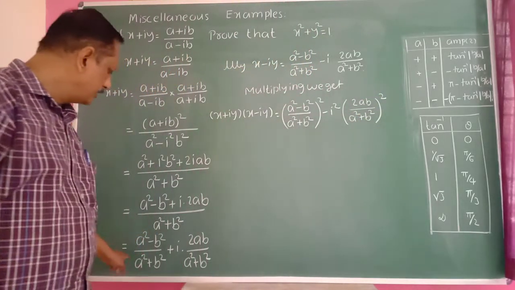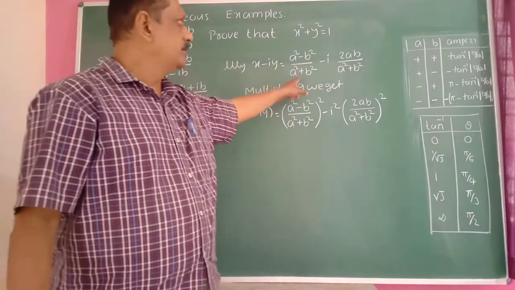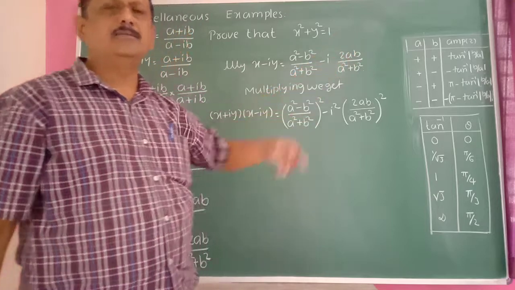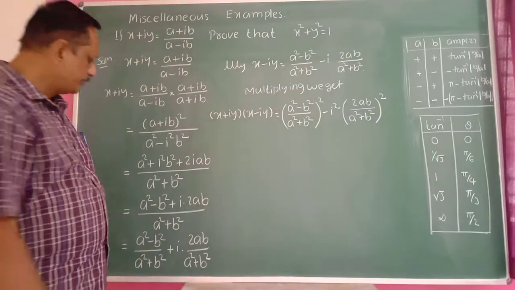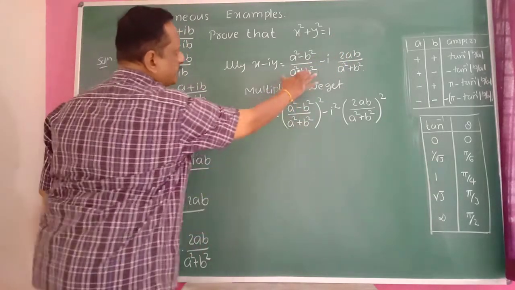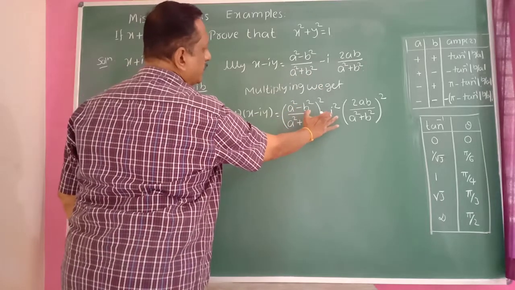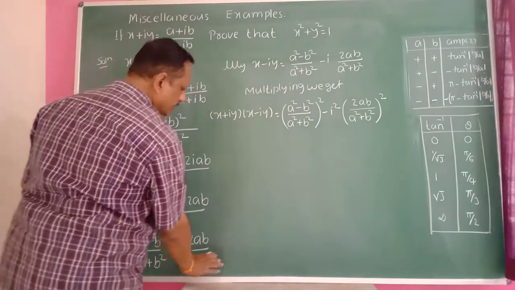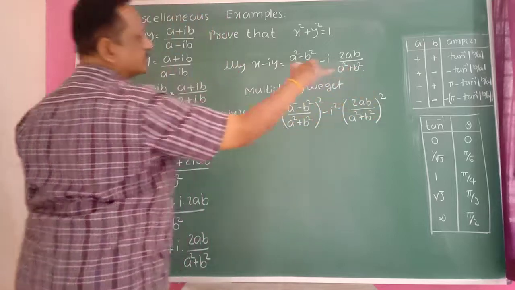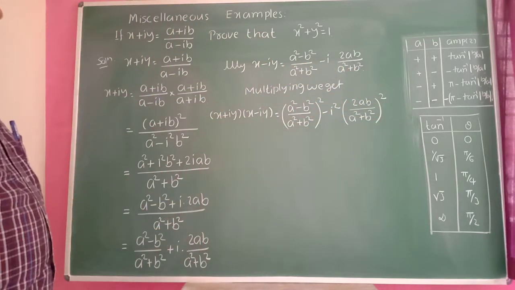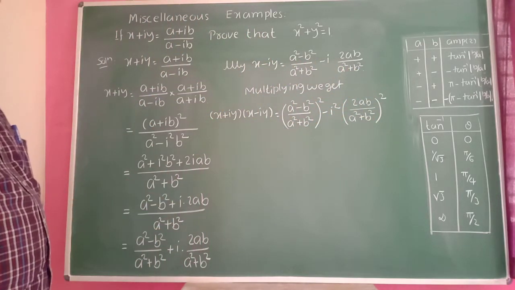It is just like a plus b and a minus b here. a plus b into a minus b is a square minus b square. Therefore, this term square minus i square into this term square, 2ab upon a square plus b square whole square. You are using the a plus b into a minus b formula.